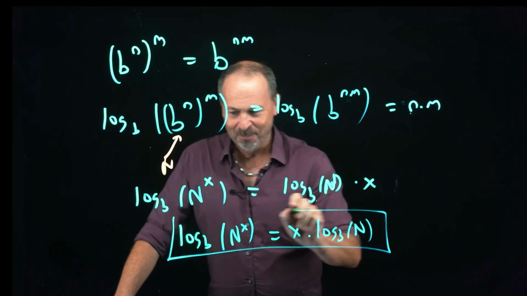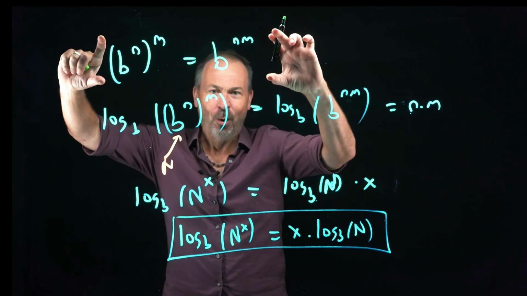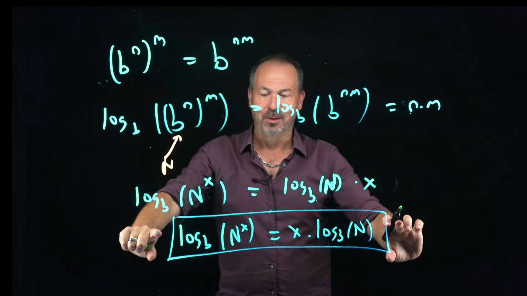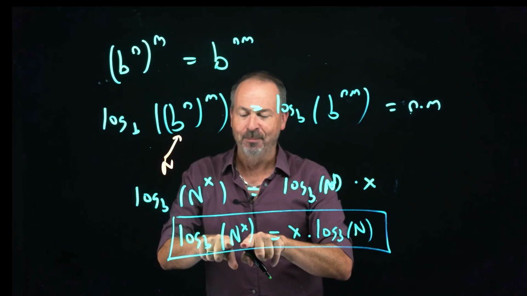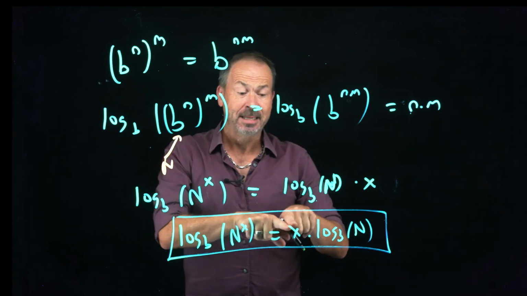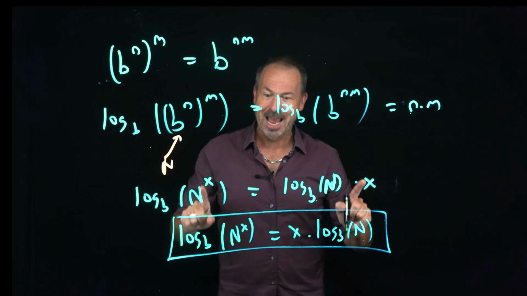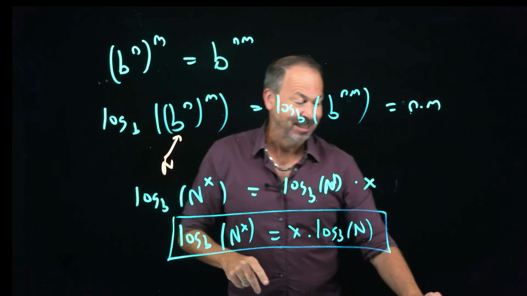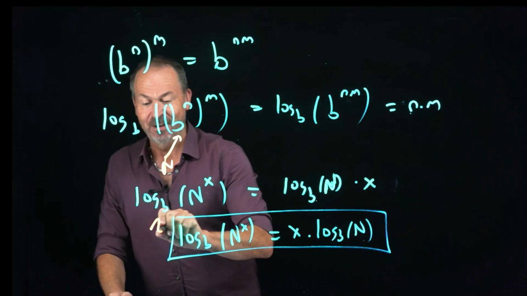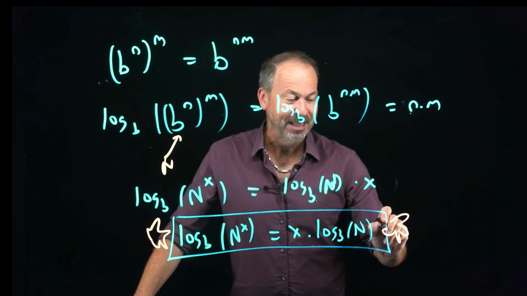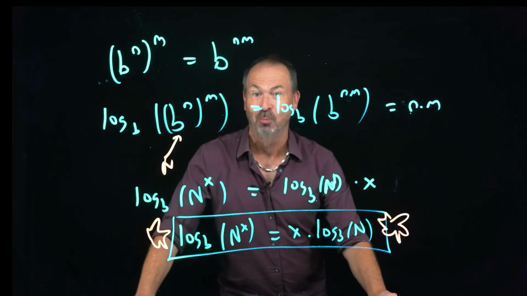In the end, this basic power rule here translates to logarithms that the logarithm of something raised to a power is that power times the logarithm of the original number. Okay. This is what people really love about logarithms today. This is the key feature that makes people still want to work with them.